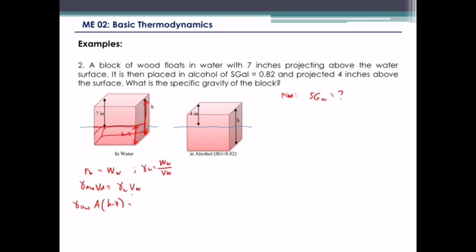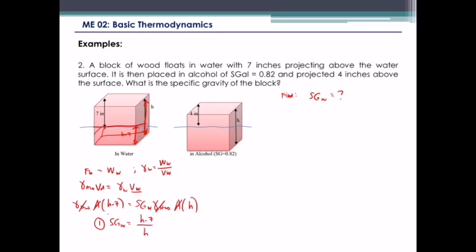Gamma of the wood is SG of wood, gamma of water times volume of the wood, area times H. So that cancels out area. Gamma of water also is cancelled. SG of the wood therefore is H minus 7 over H.